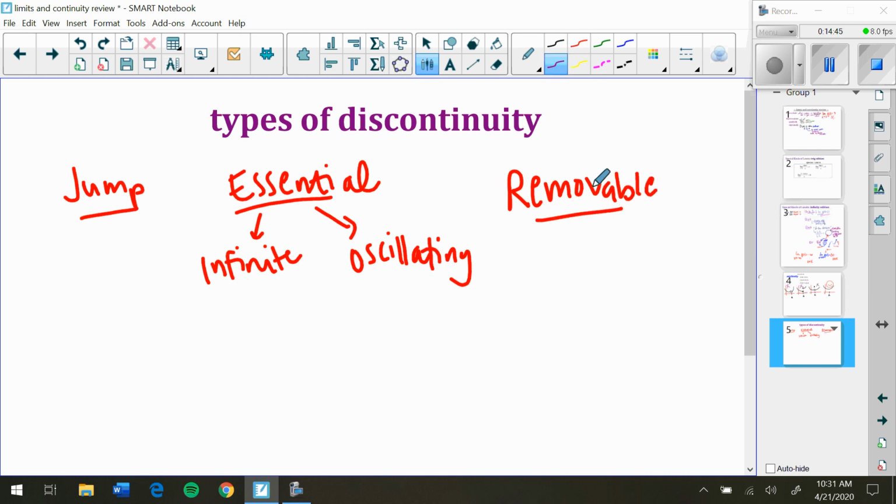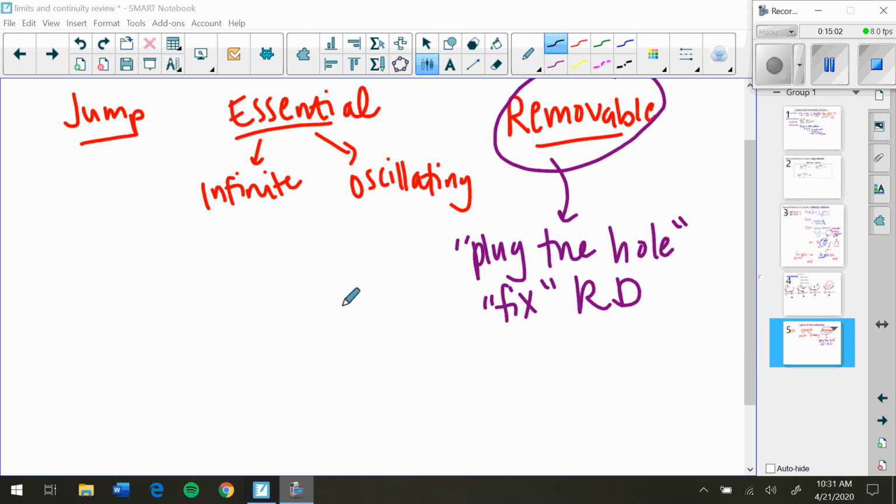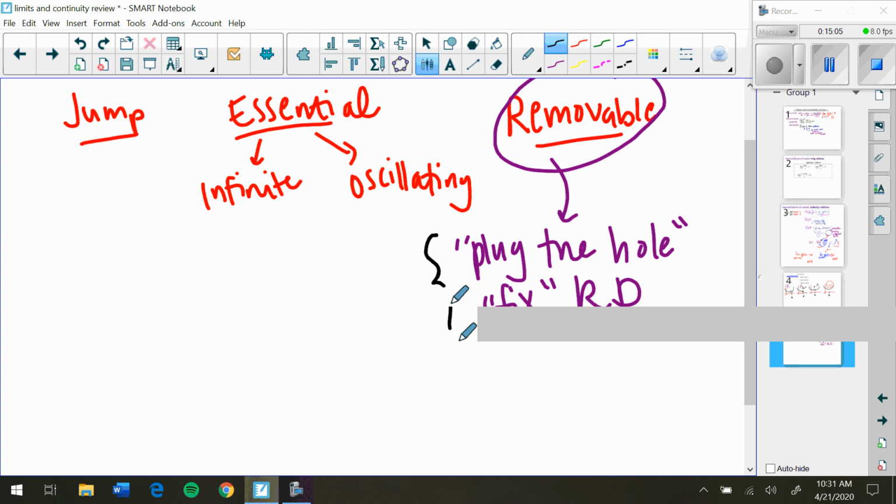This third one is kind of important because we can plug the hole or fix a removable discontinuity. How did we do this? Well, these were the types of problems where it said extend the definition.